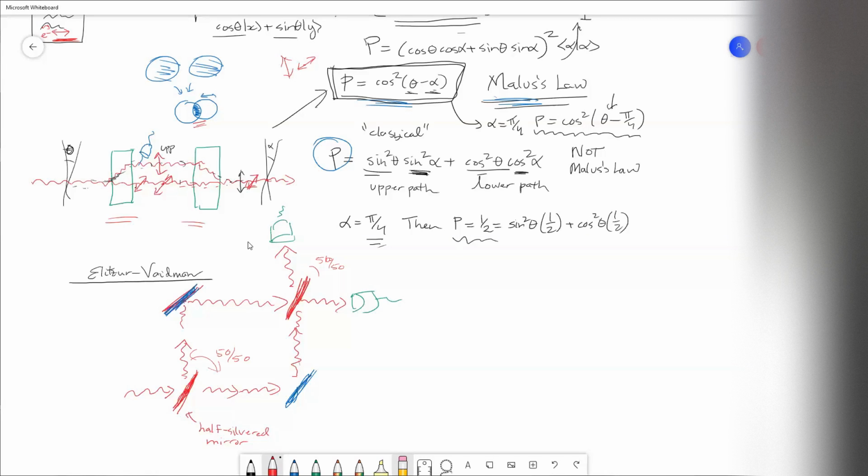But of course, we know that if we just shine light through this, the electromagnetic wave at this point will interfere between the two different paths. And we can tune things just right such that the light never goes up. You just make the electromagnetic wave destructively interfere up here.